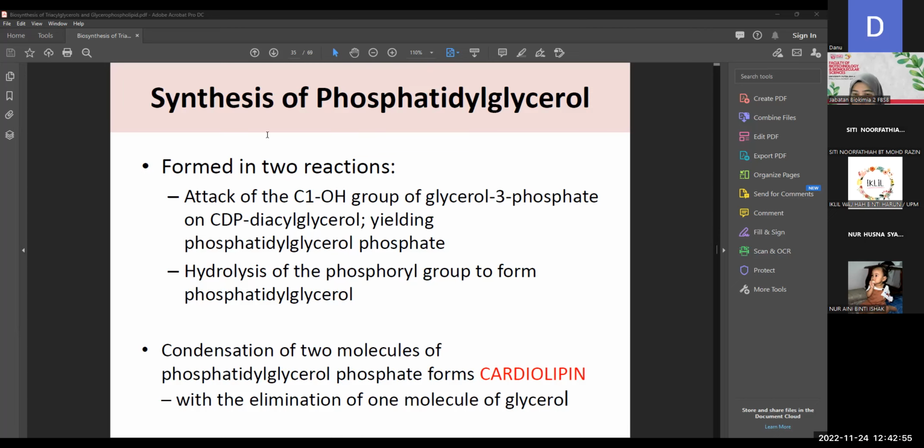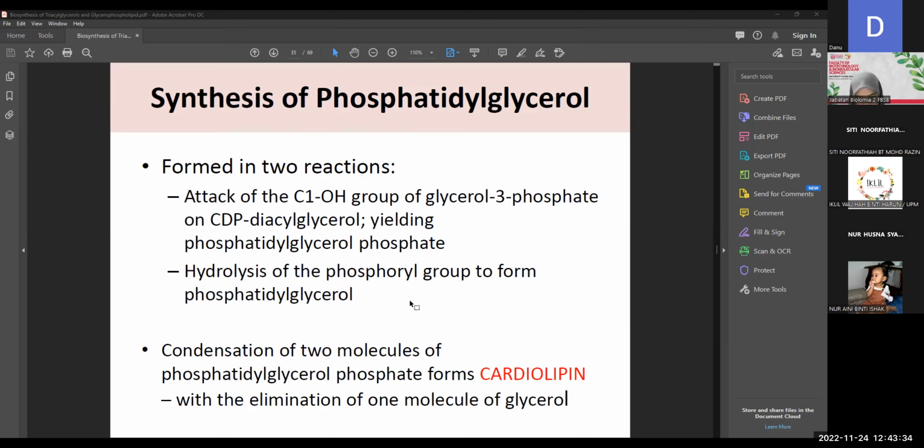Attack of the carbon 1 hydroxyl group of glycerol 3-phosphate on the CDP diacylglycerol yielding phosphatidylglycerol phosphate. Then you need to remove one of the phosphoric groups through hydrolysis to form phosphatidylglycerol. And the condensation of 2 molecules of phosphatidylglycerol gives us cardiolipin.